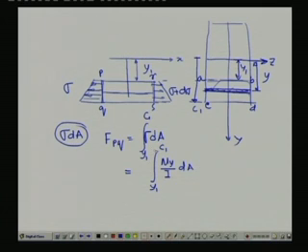So, we get this on the face PQ. Onto this face, if RS, we get a similar situation, that is y1 to C1, sigma plus d sigma into dA.